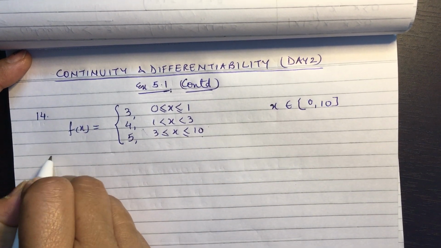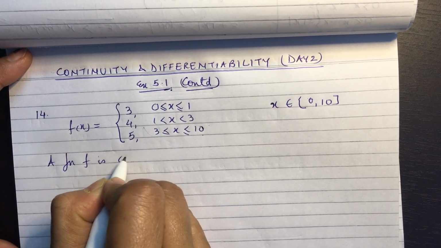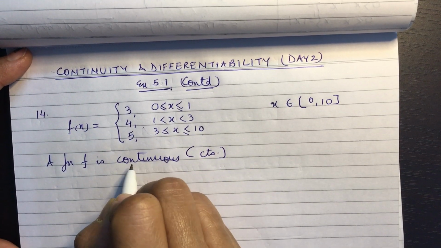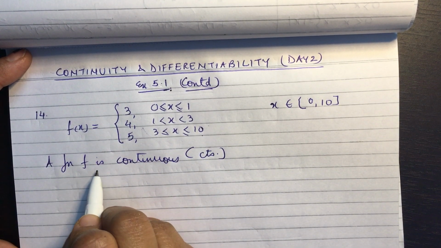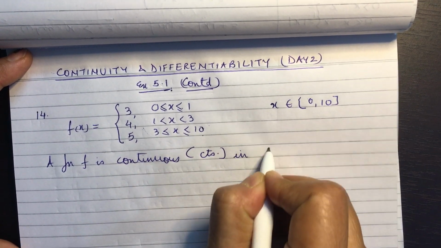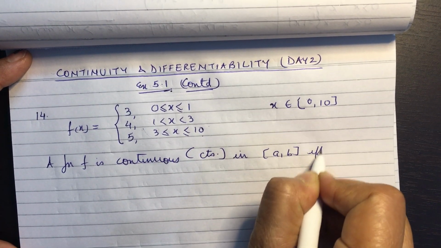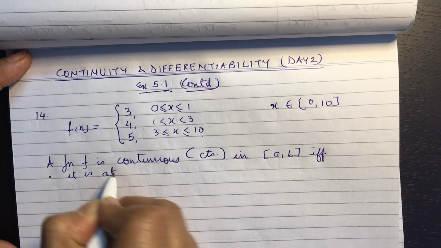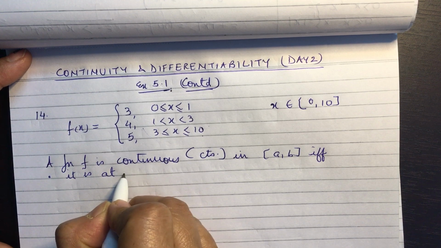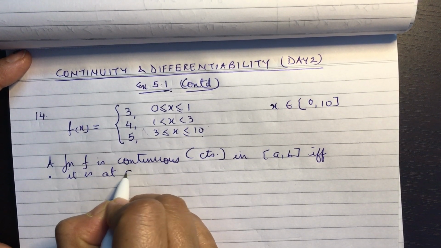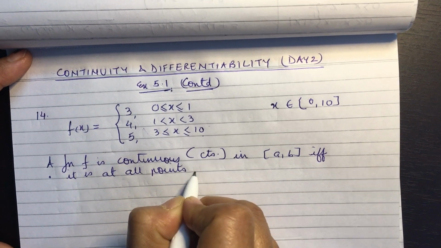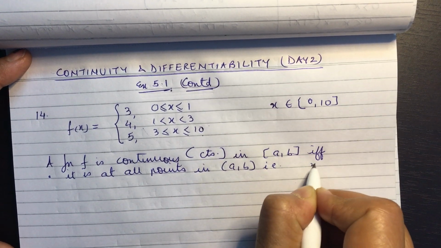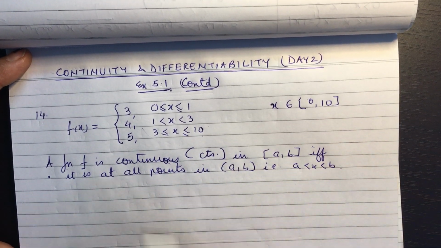Now we know that a function f is continuous, and we'll be writing CTS to indicate continuous function. So a function f is continuous in a closed interval [a, b] if and only if, first, it is continuous at all points in the open interval (a, b), that is when x lies strictly between a and b.